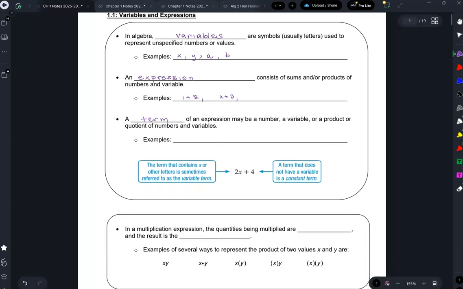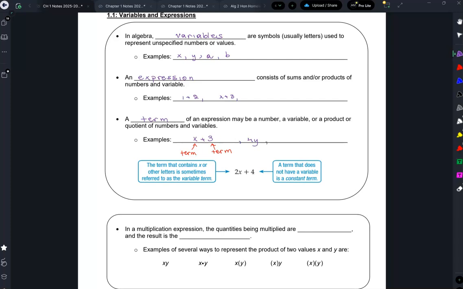So for example, if I have x plus 3, the x is a term, the 3 is a term. Anything separated by a plus or a minus is a term of its own. If I have 4y, there are no pluses or minuses there, so that whole thing is a term.